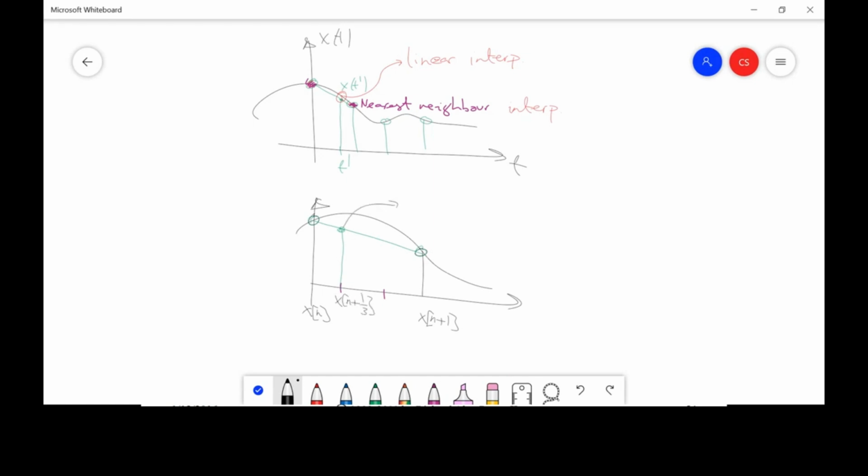Okay, so what is the best estimate of x of n plus 1/3? How would you compute that? What about this? 2/3 of x of n plus 1/3 of x of n plus 1. Is that fine?